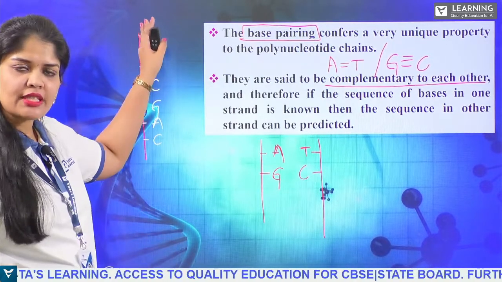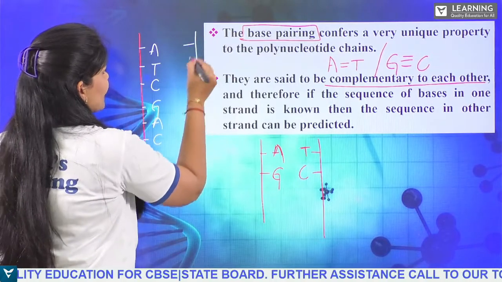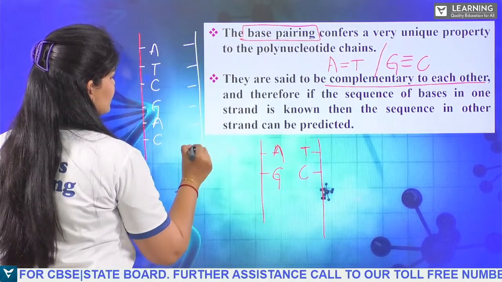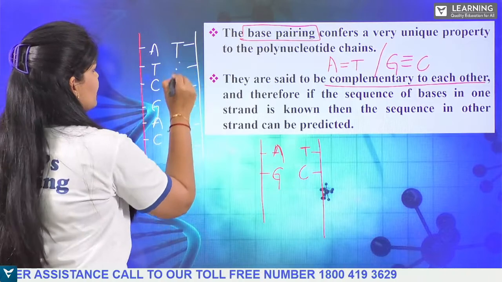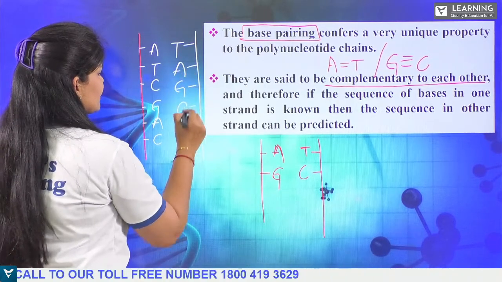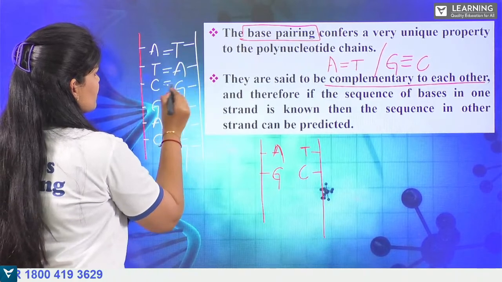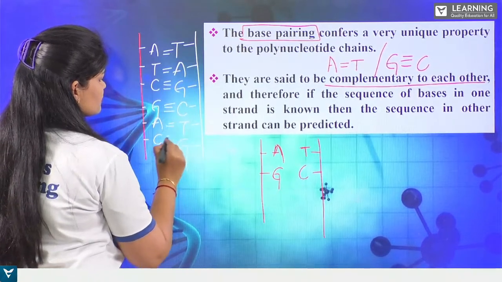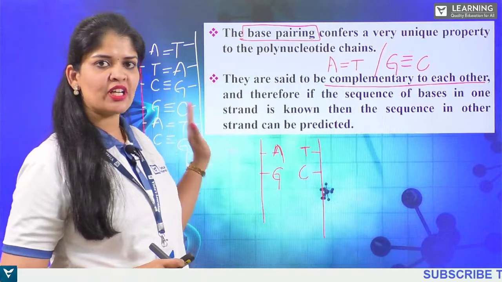If you know the sequence that is present on one strand, it is very easy, it is very predictable on the other strand because it is complementary to each other. T, A, G, C, T, G. That's it. So if you know the sequence on one strand, it is very easy to predict the sequence on the other strand.